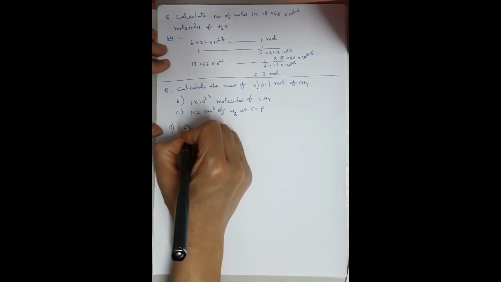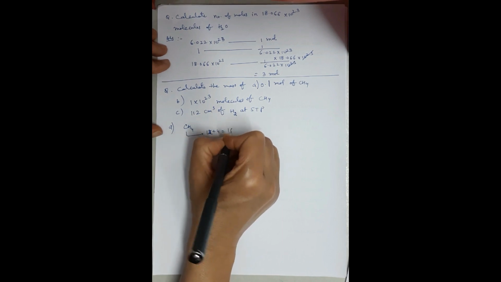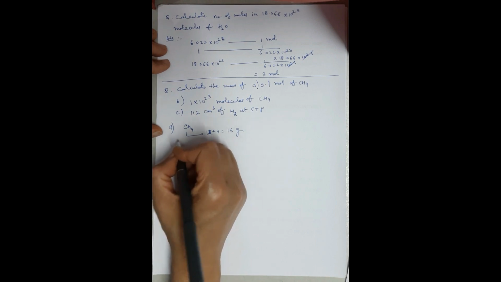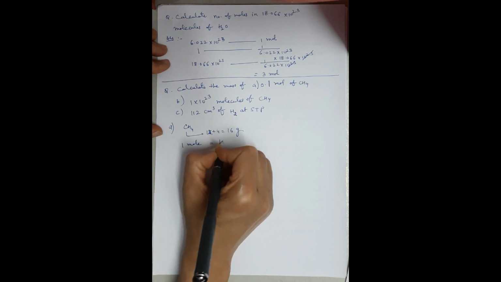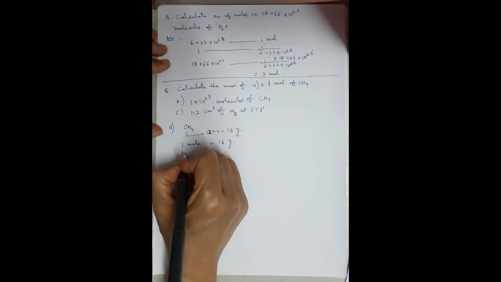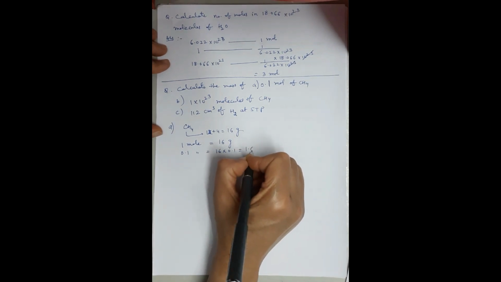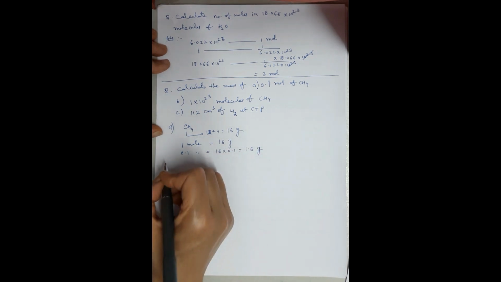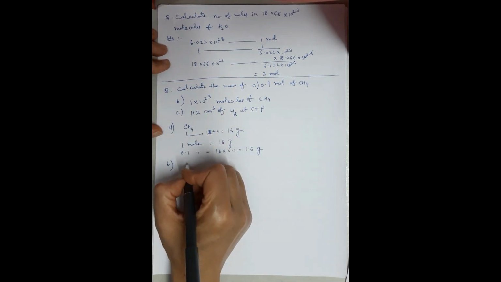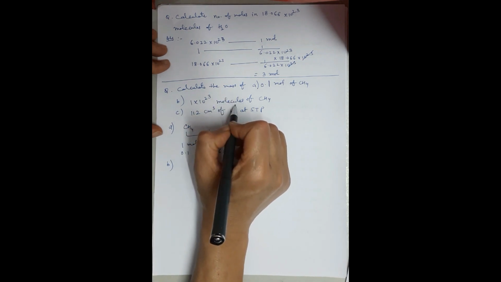So if you find out for methane, its molar mass is 12 plus 4, it is 16 grams. And you need to find out the mass. So 1 mole of methane is equal to 16, and they are asking for 0.1 mole. It is 16 into 0.1, which is 1.6 grams. For B part, if you see here, they are asking for mass and the number of molecules is given.